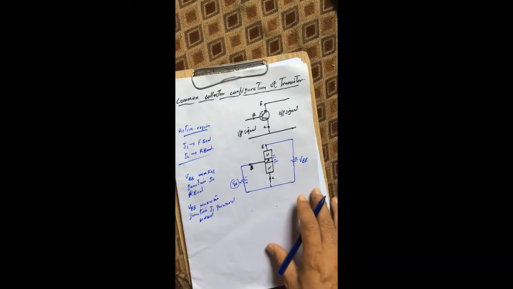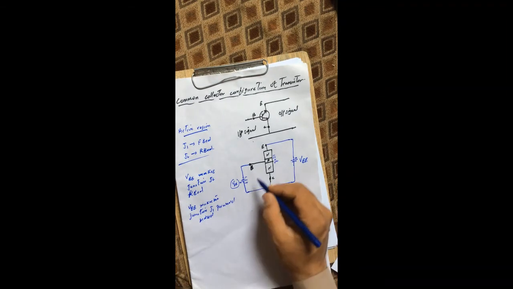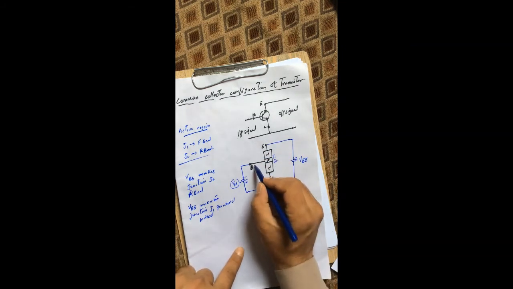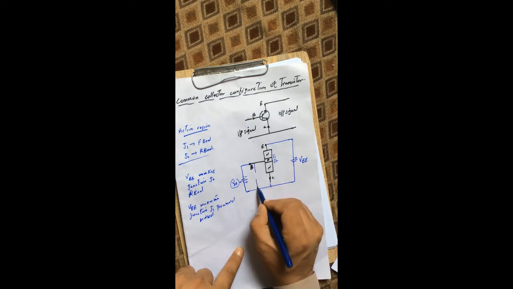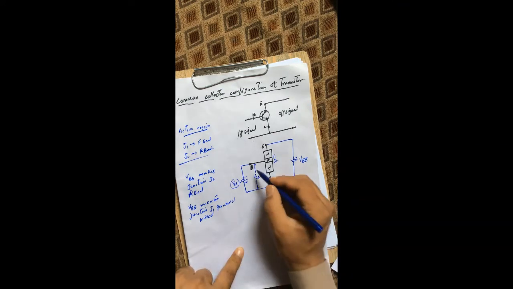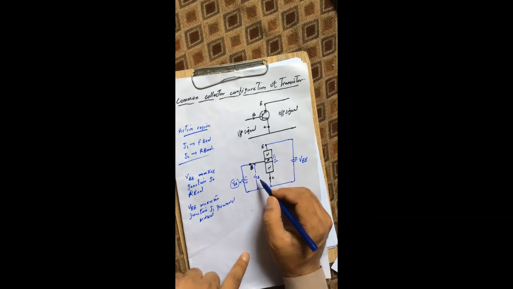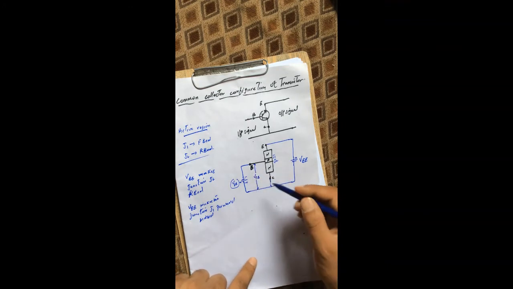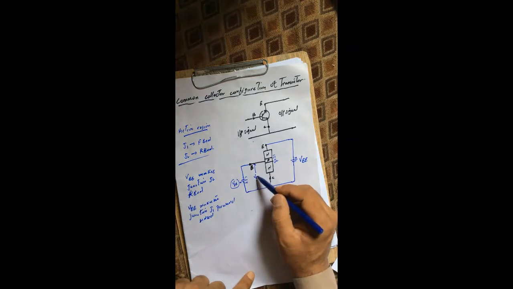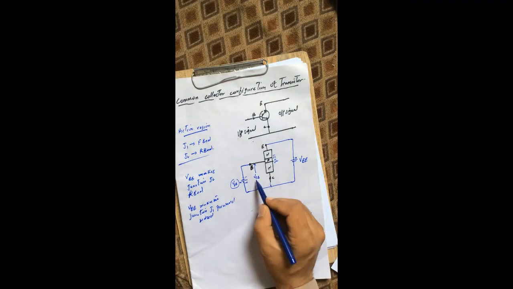Now, the voltage that appears between base and collector is represented by VCB.